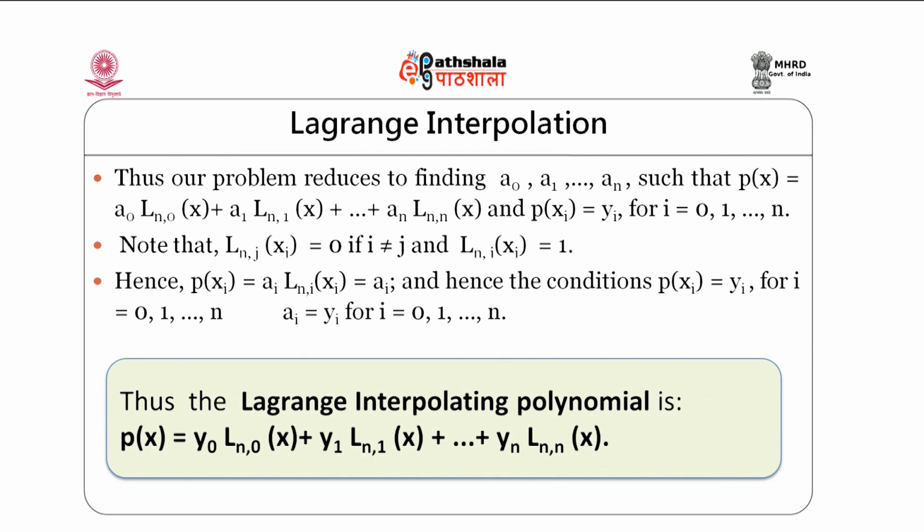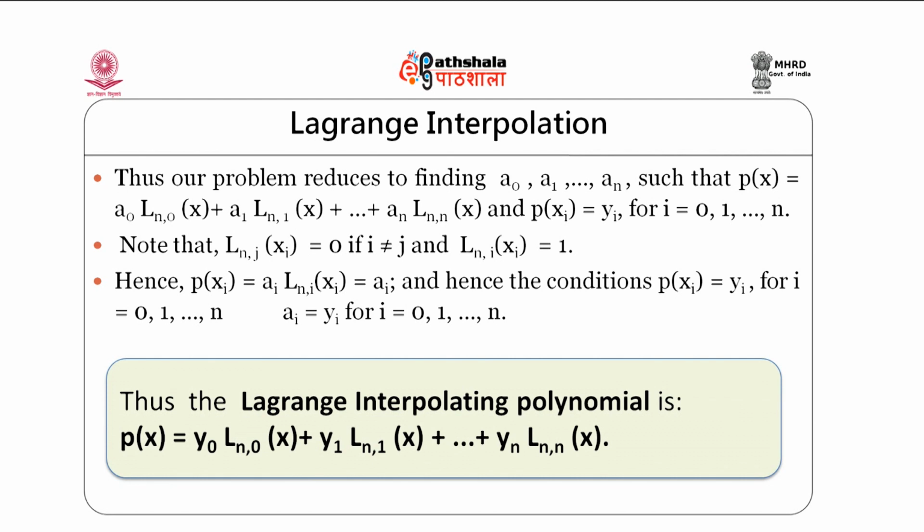You can look at the form of the l n j, and from that we can easily deduce these facts about l n j. So, l n j x i, where j and i are different, will be 0 and l n j x j will be equal to 1.